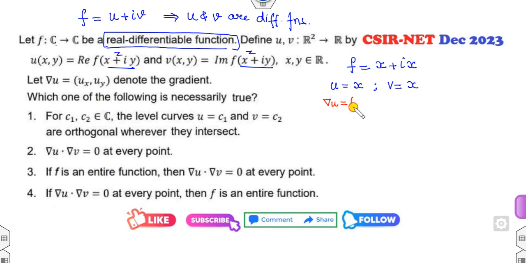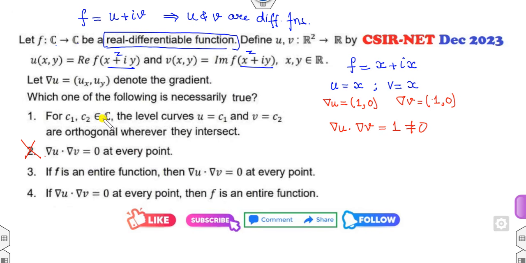U of x is 1, u of y is 0. Similarly, gradient of v is v of x, v of y. Del of u dot del v. What is the dot product of these two? Which is 1, which is non-zero at every point. So this option is cancelled.